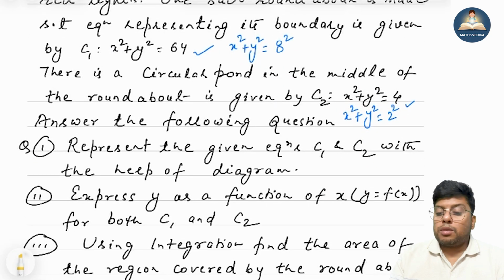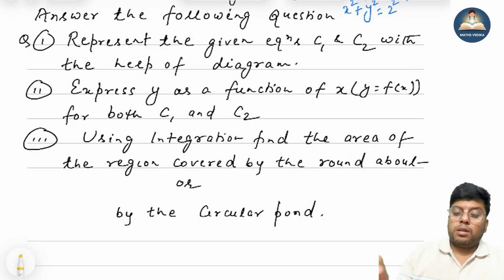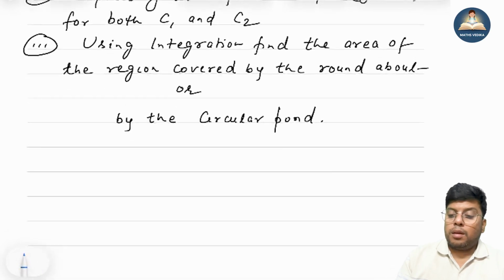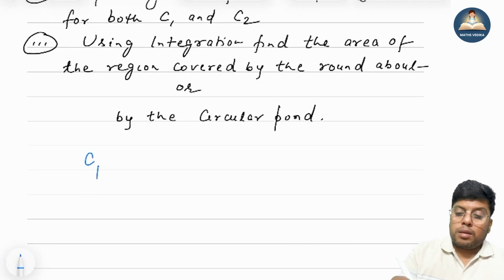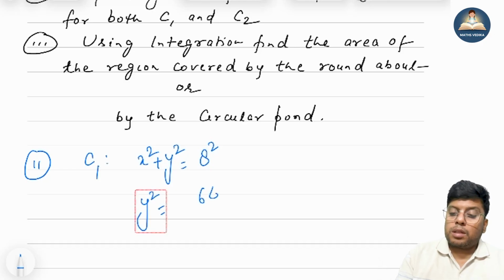Second is to express y as a function of x for C1 and C2 both. So this is very simple. The equation of C1 is x square plus y square is equal to 8 square. So y as a function of x, y square will be equal to 64 minus x square.